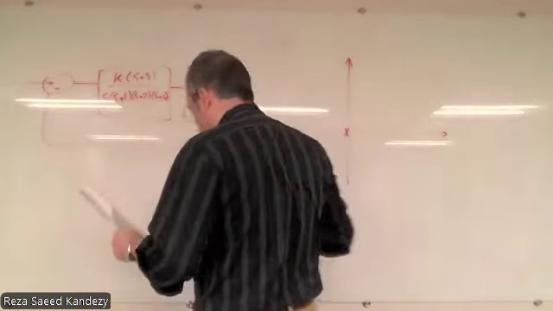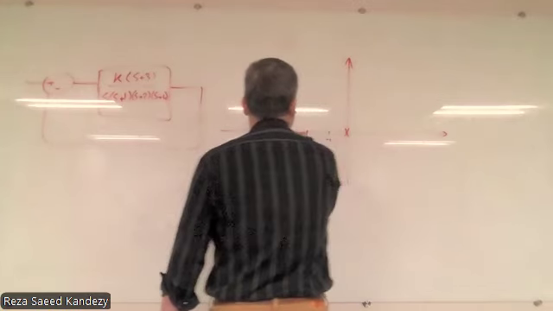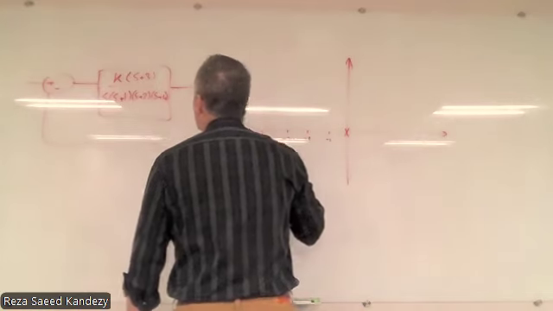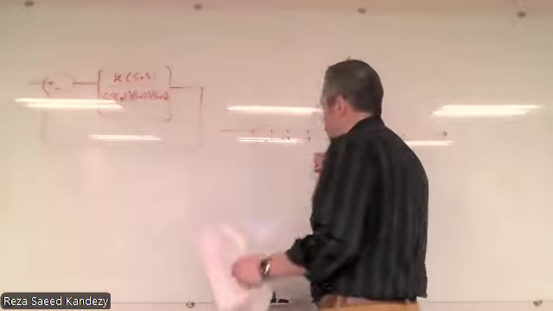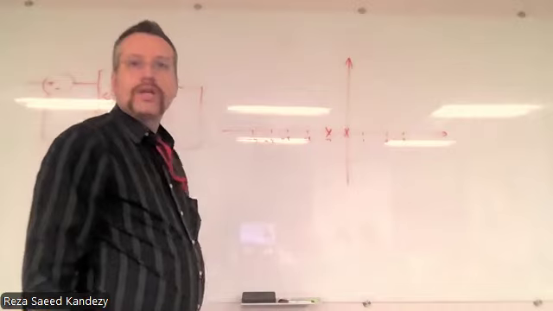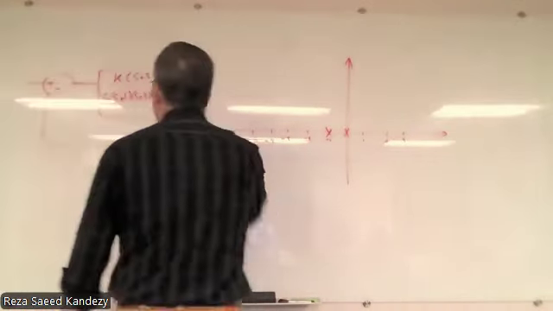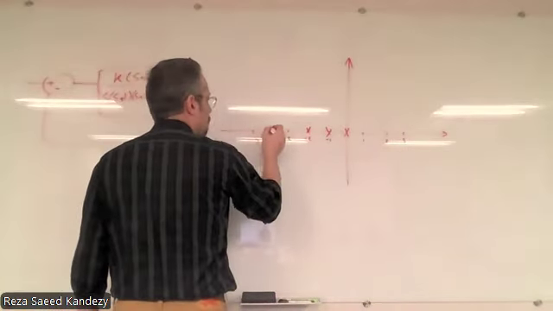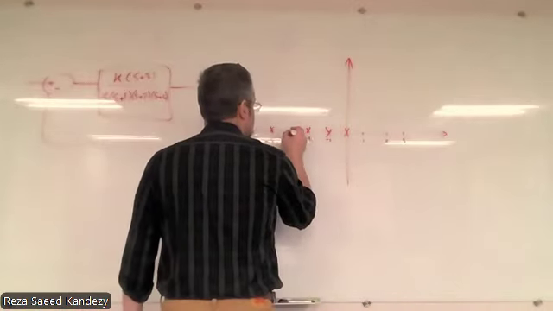Let me draw the units, -3, -4, -5, 1, 2, 3. So we are going to have another pole at -1, okay? And another one at -2, another pole at -4, and we have a zero at -3.